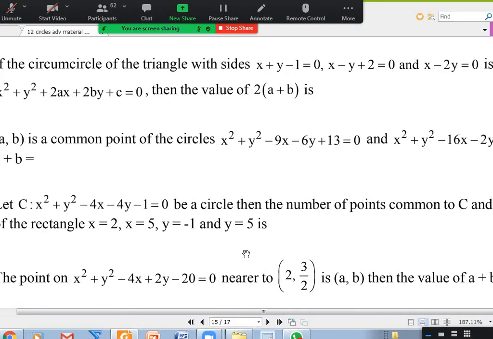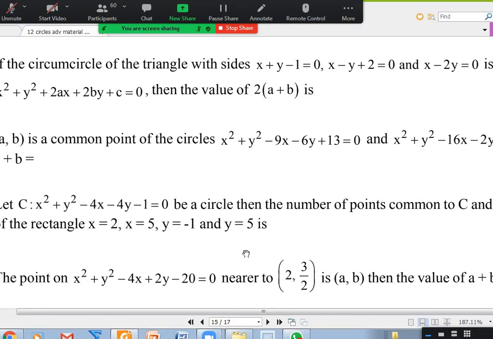Okay, in 11th question, they want us to find circumcircle of a triangle where 3 sides are given. Anyone want to tell any method for this 11th one? Sir, solving two perpendicular bisectors, we get the circumcenter.